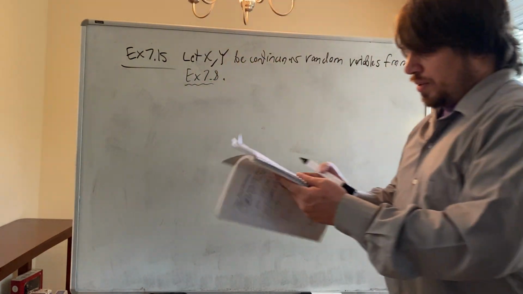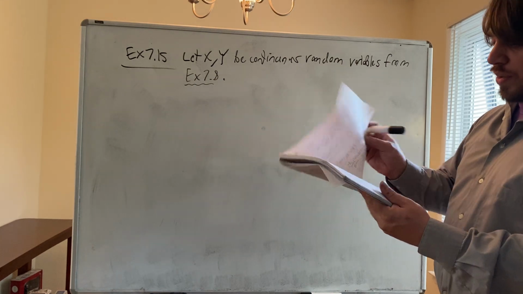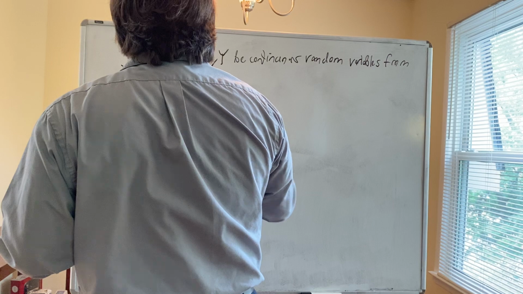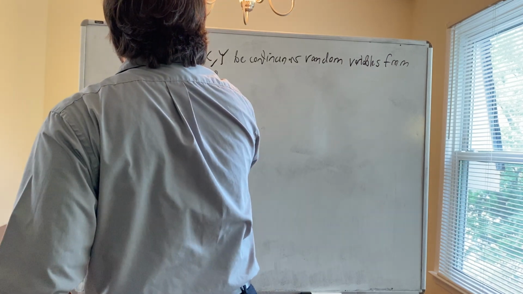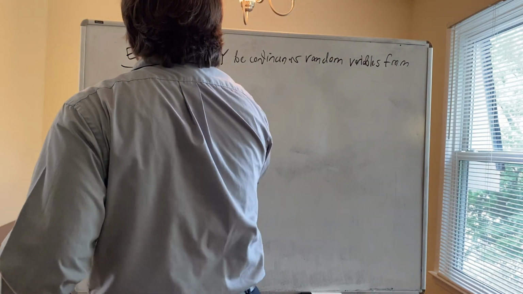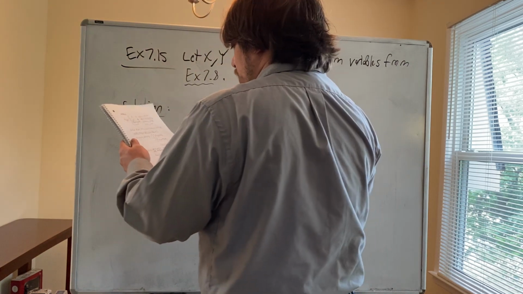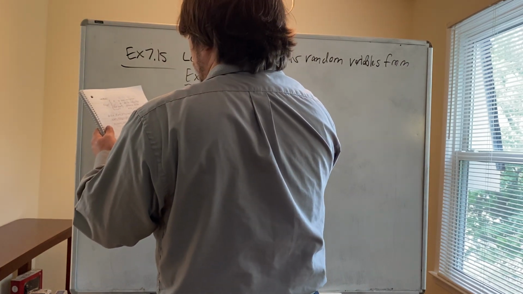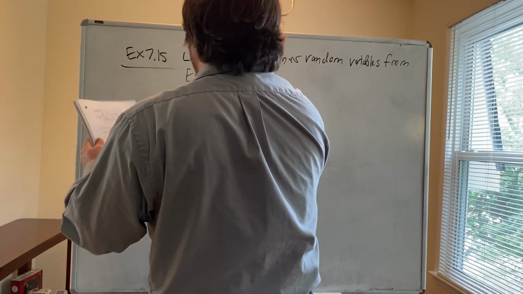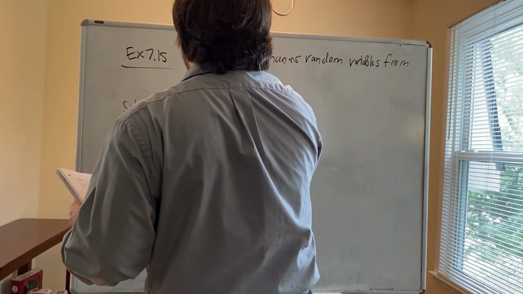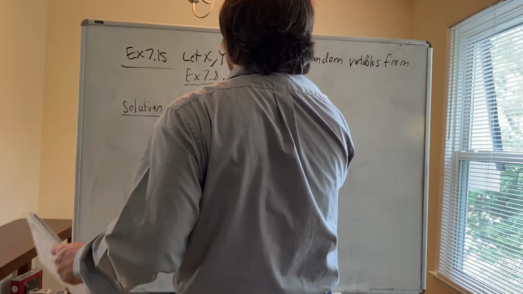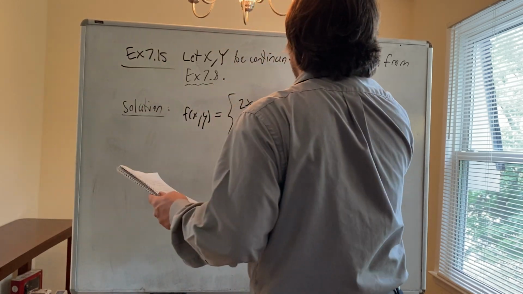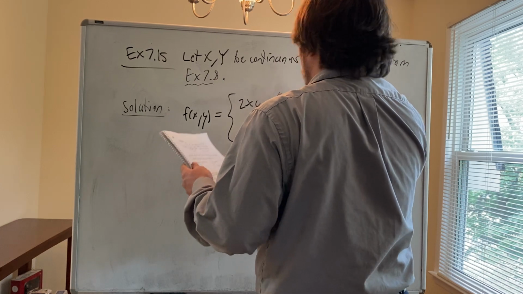Okay, so to remind you what happened in exercise 7.8, we had our PDF, so I'm going to write solution here. First, our joint probability density function, f of x comma y, is equal to 2xy plus 3/2 y squared.